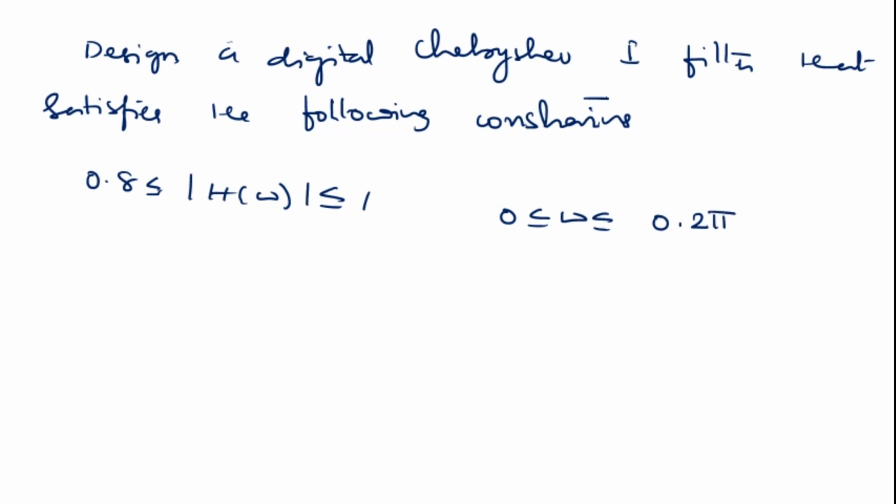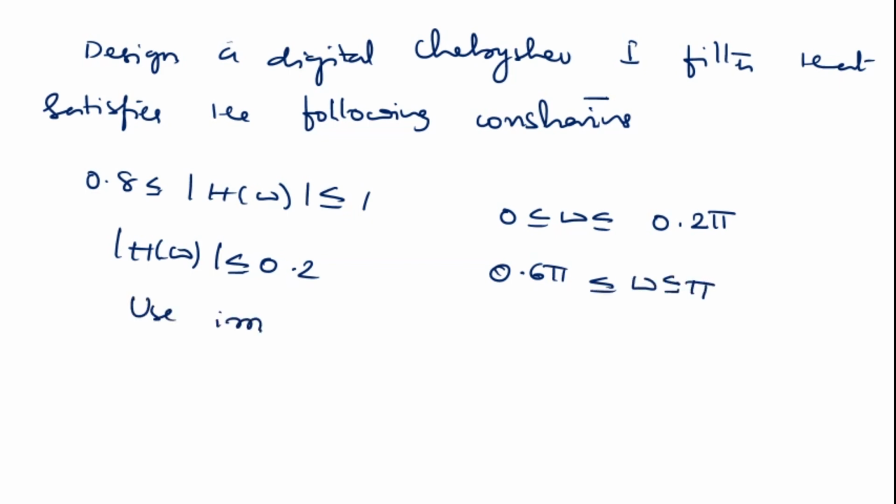H of omega is less than or equal to 0.2, for 0.65 pi less than or equal to omega less than or equal to pi. Use the impulse invariant transformation.